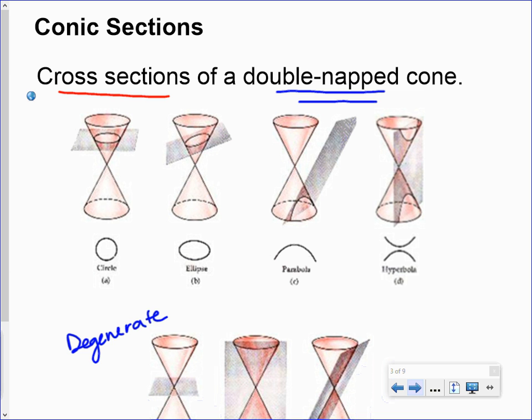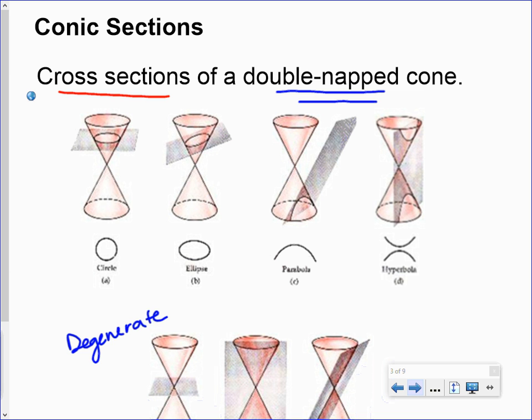In order to get a perfect circle, what must be true about the plane that you cut the cone? It must be horizontal. Other ways to say that? What if my cone is tilted? It must be what to the base?